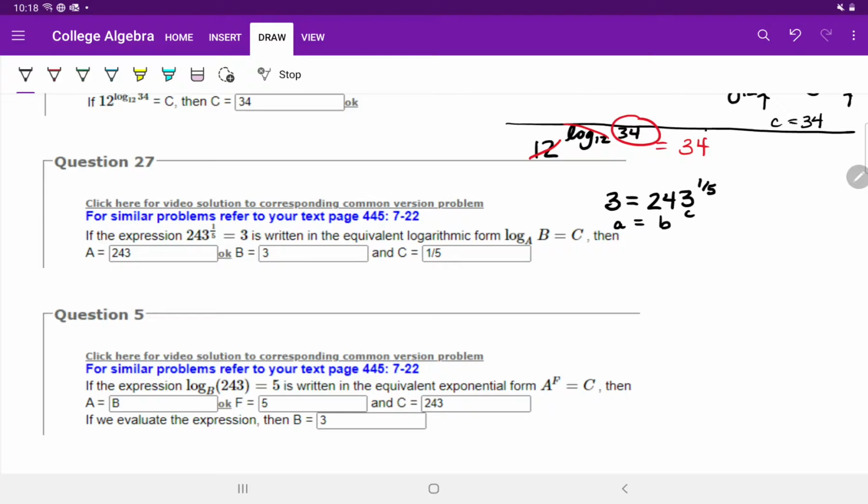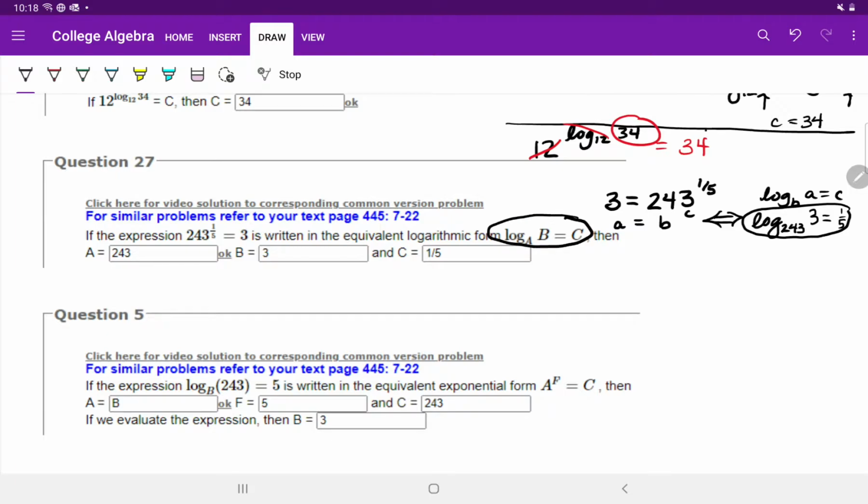If we were to convert this into a logarithm, it would give us log base b of a equals c. Log base b would be log base 243. A is 3 and c is 1/5. So this is how it would convert. Log base 243 of 3 equals 1/5. So they want us to write it in this form.